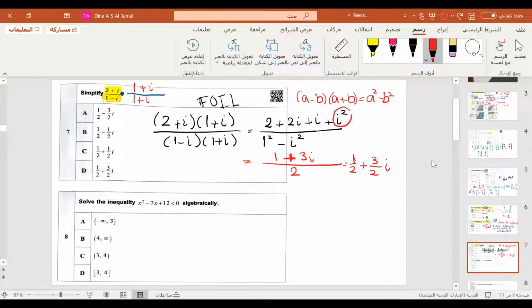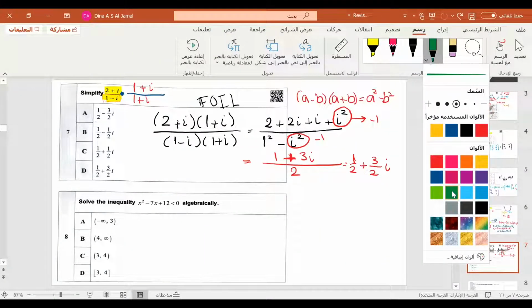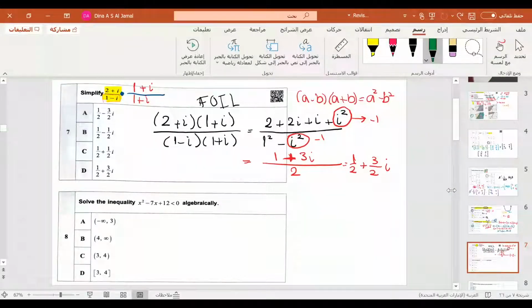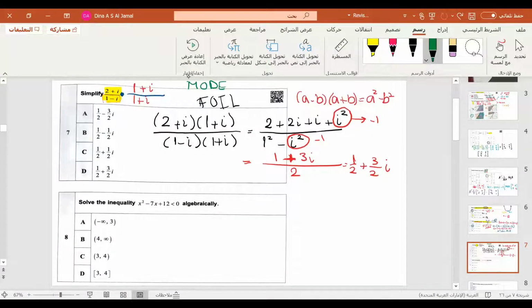Because you are having the i squared minus 1 and the i squared here minus 1. So this is one of the things that you need to remember. There is an easier way: you can directly change the mode of your calculator into complex, and directly find it using the calculator.